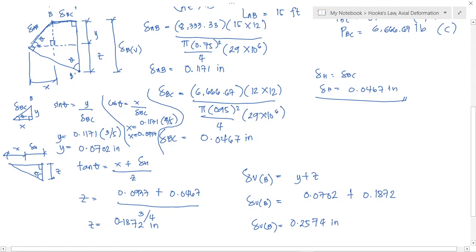Okay, so our final answer, so this one is the vertical movement of B, and then the other one is this one.